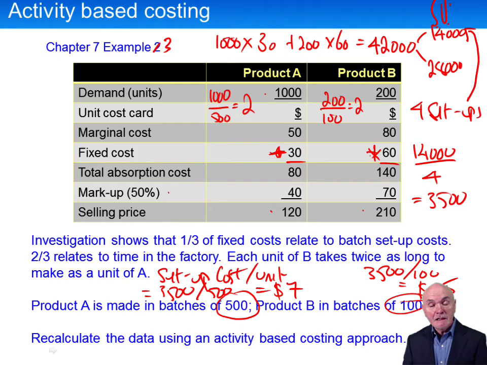So vastly different kind of efficiency, if you like, or cost caused when we make B products, because they're made in quite short, inefficient batches, than we make A products. So let's see how the new cost structure would look if we do it now on an activity-based costing kind of basis.